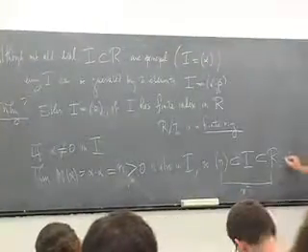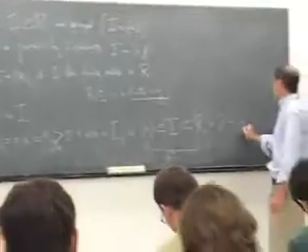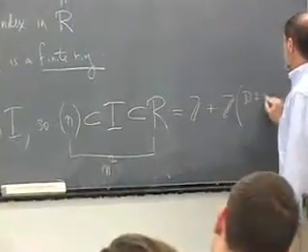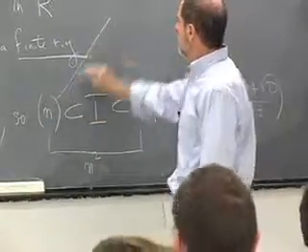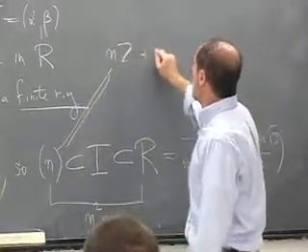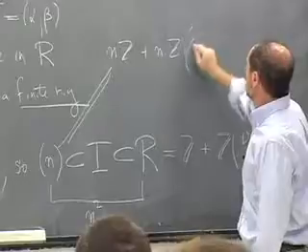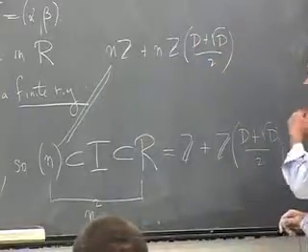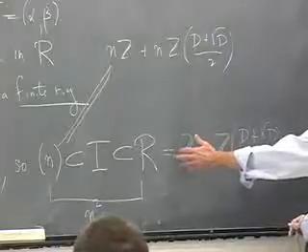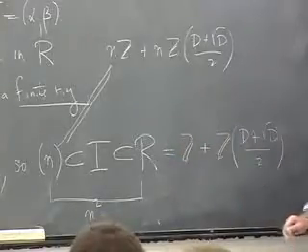Because if R is Z plus Z times d plus root d over 2, then the multiples of n is just nZ plus n times Z times d plus root d over 2. And the different cosets are given by the different residues of A and B mod n.